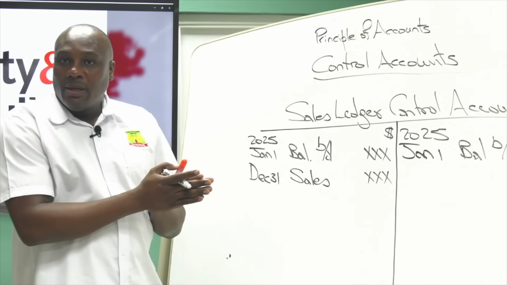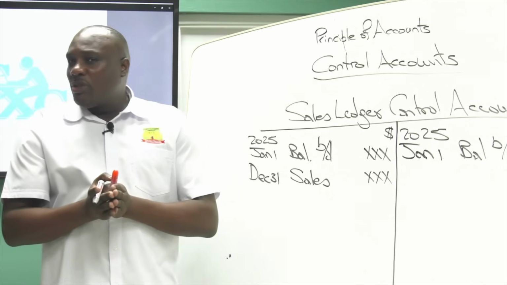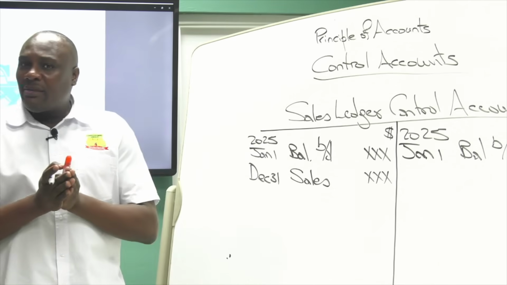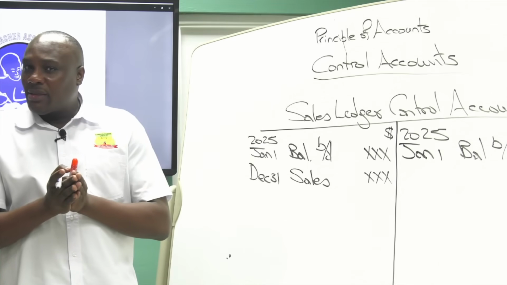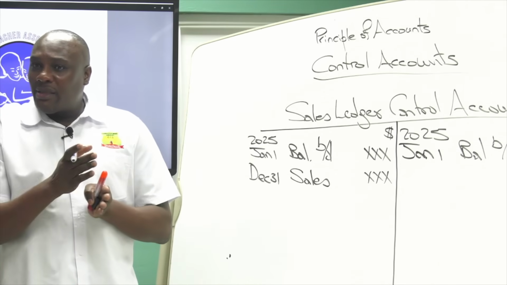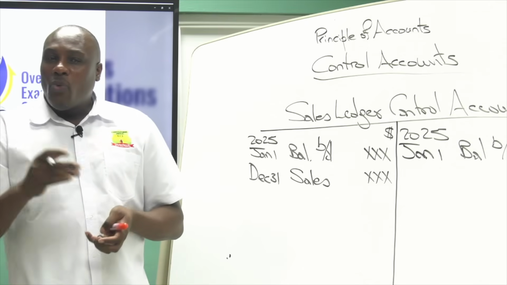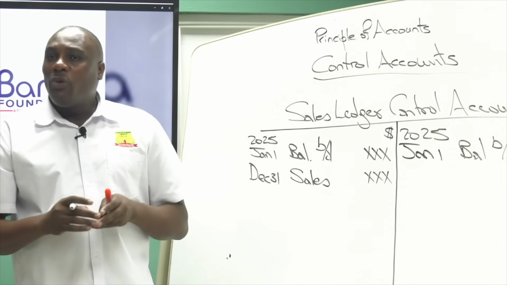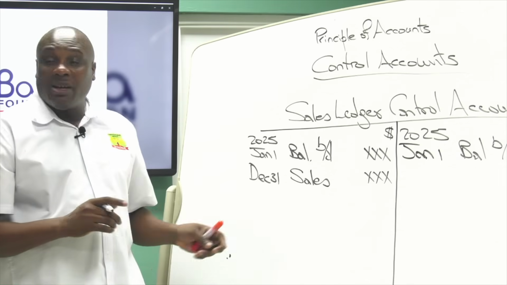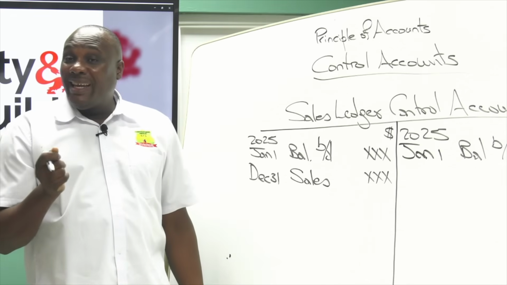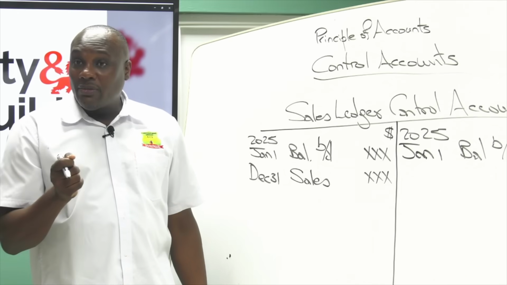Why? Based on the double entry ruling, students, if I sell a customer goods on credit, sales would be on the credit side, while the corresponding entry would be on the debit side. The corresponding entry would have been the individual debtor.